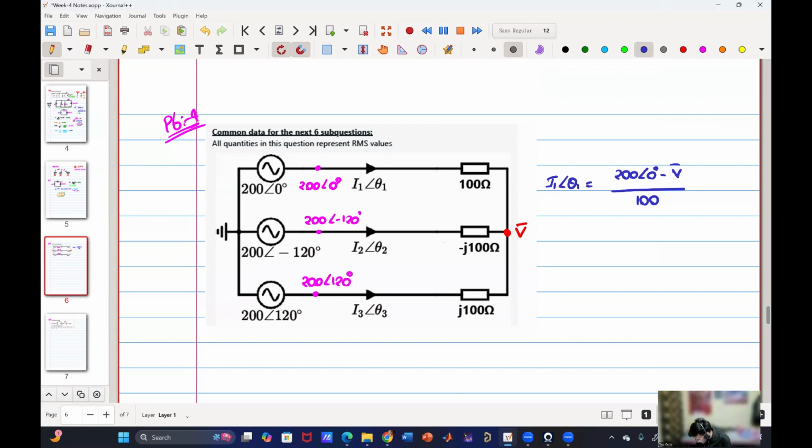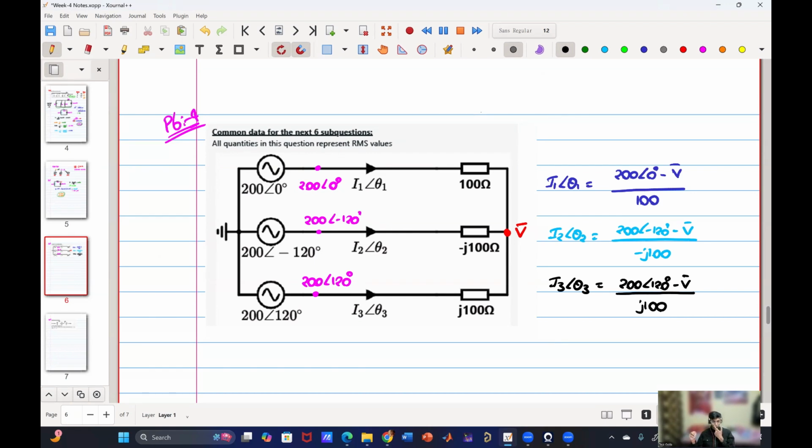And I2 angle theta 2, someone has mentioned 2, no, it is not 2, because it is 200 angle 0 minus V phasor by 100, and then 200 angle minus 120 degrees minus V phasor by minus j100, and then the third one, I3 angle theta 3, is 200 angle 120 degrees minus V phasor by j100.